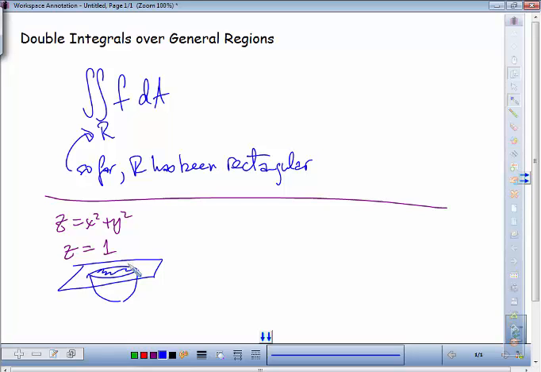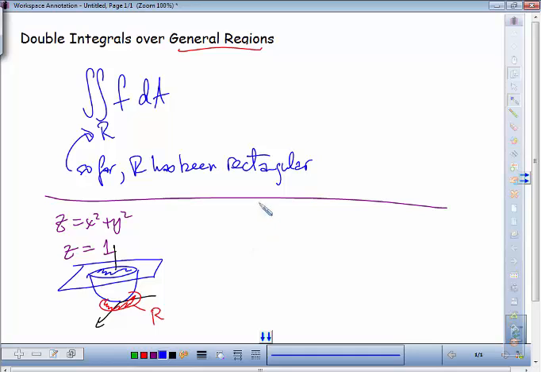If we take a look at that volume, the domain or the shadow that this has on the xy plane is going to be a circular shadow, and it's not rectangular anymore. So in that case, we don't have a rectangular region, so we want to approach this a little bit differently. This is an example of a general region.